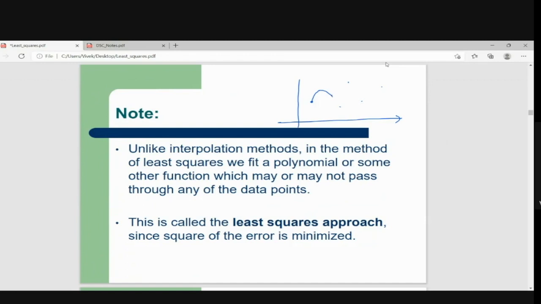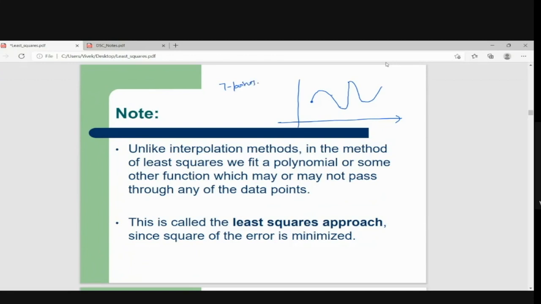I am just doing the interpolation, not the splines. So maybe I will get this value and this value and this value. So this curve is a nonlinear curve, and suppose we have 7 points.